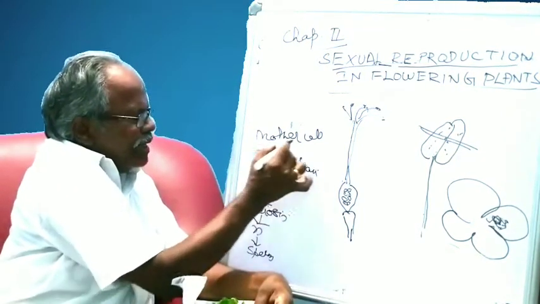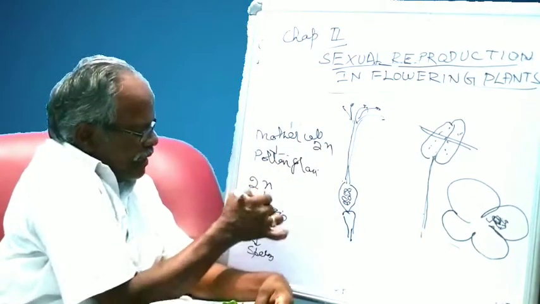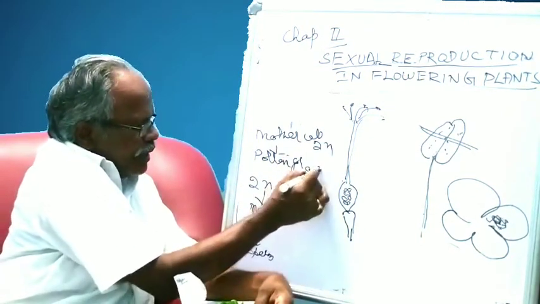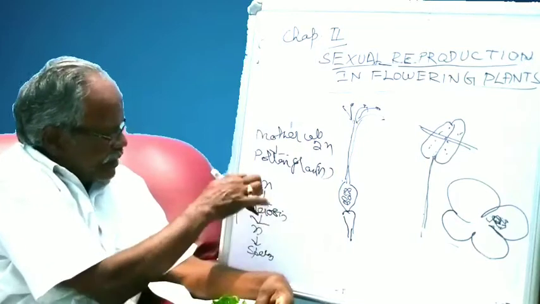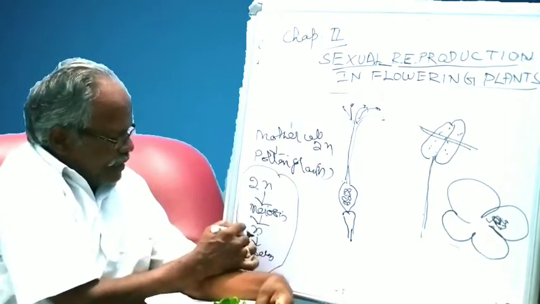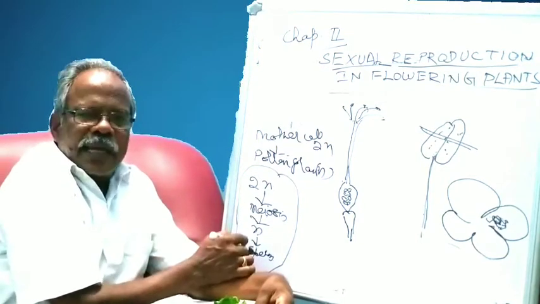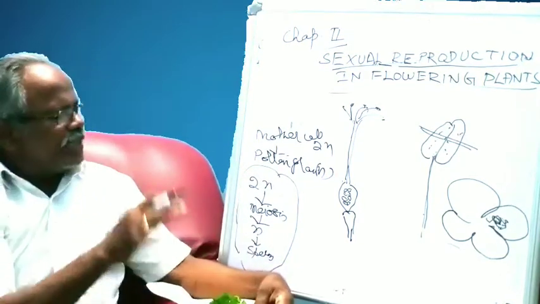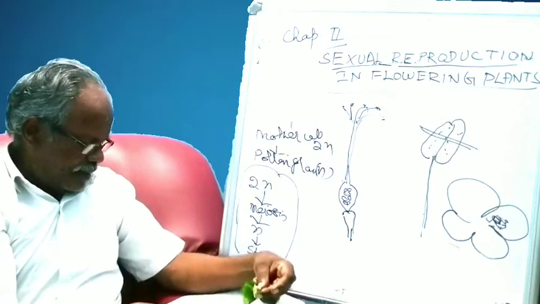So the mother cell has 2n, and by the process of meiosis it is converted into n, and then it is sperm. This is with regard to the male.